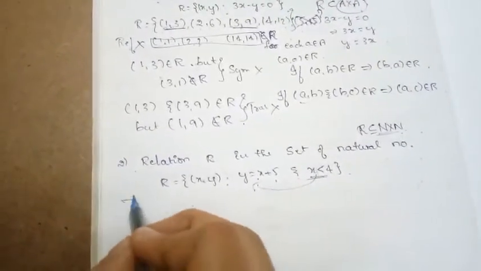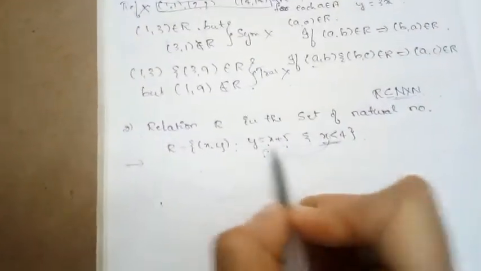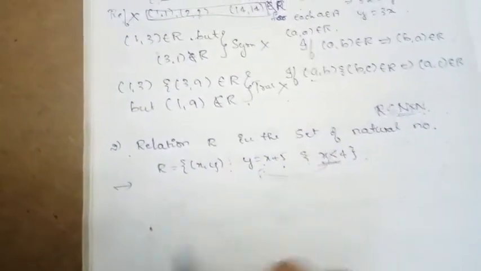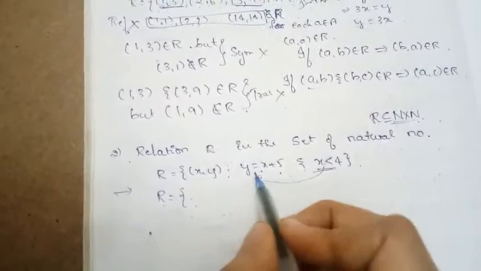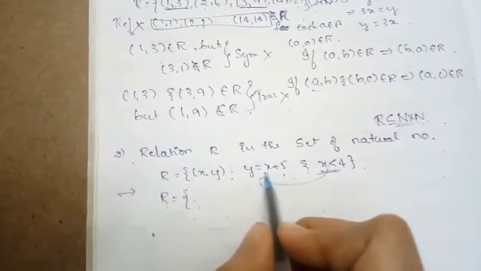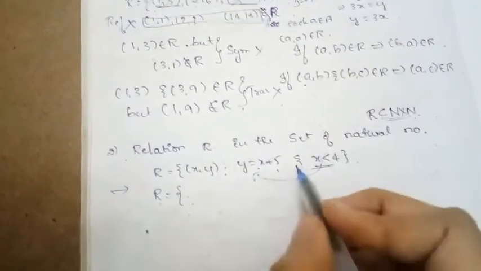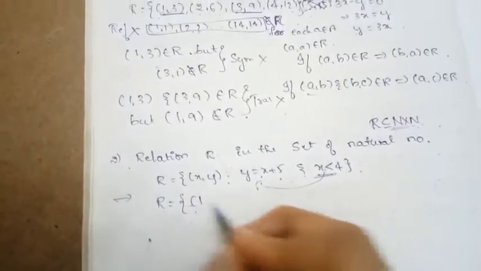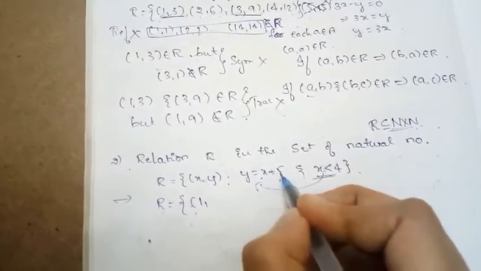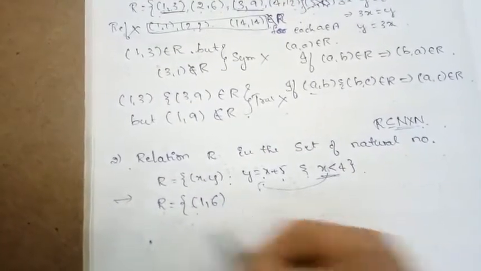So now let us understand which elements come under this relation. If I take R, (x, y) such that y is equal to x plus 5: if I take x is equal to 1, 1 plus 5 is 6, so the value of y is 6.